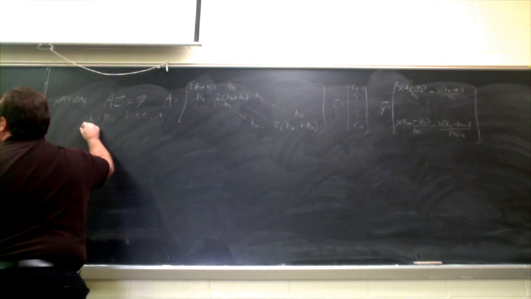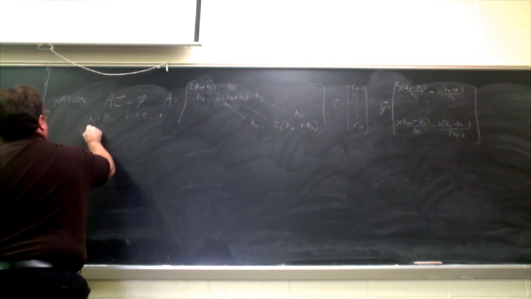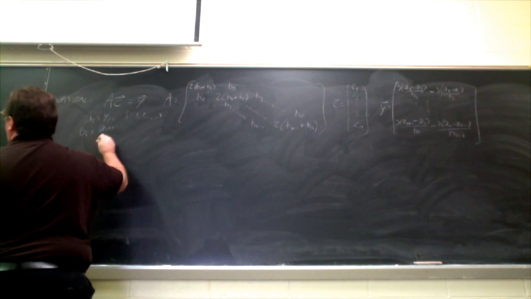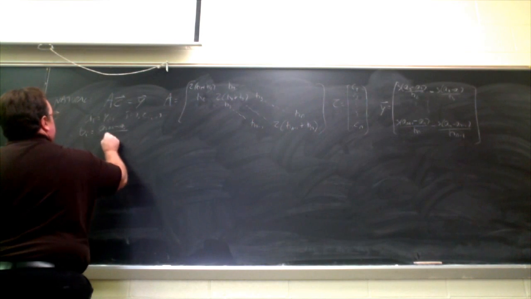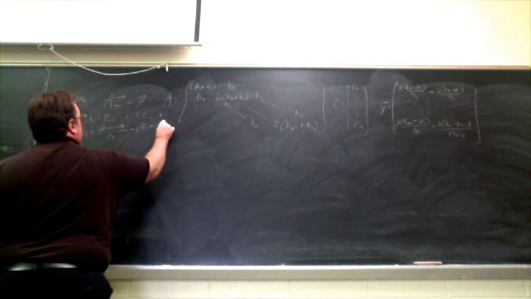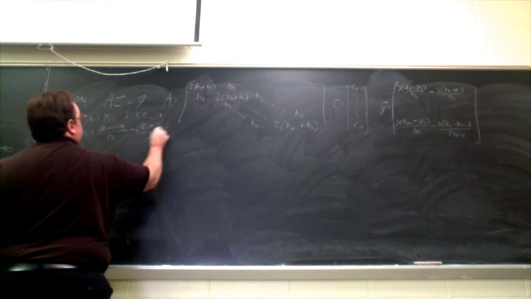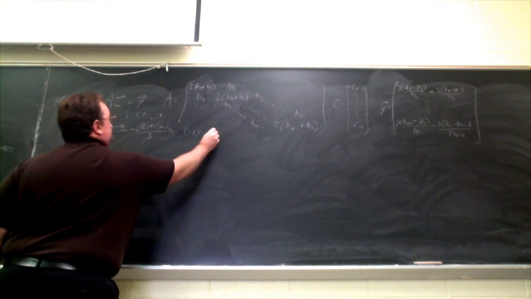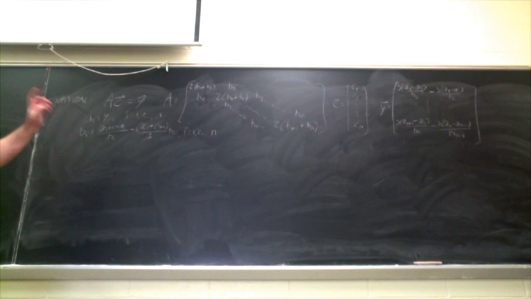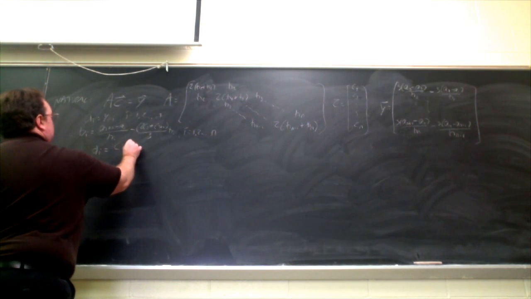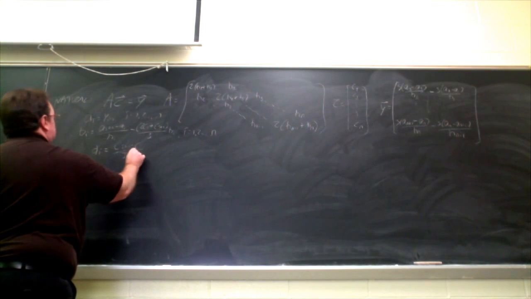We have Bi, which is (A(i+1) minus Ai) over Hi minus (2Ci plus C(i+1)) over 3, times Hi. That works for i equals 1 to n, where if we encounter C1 or C(n+1), we'll just say it's 0. And then Di is (C(i+1) minus Ci) over 3Hi.